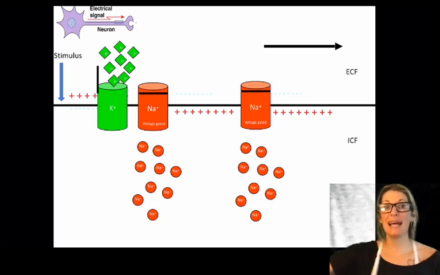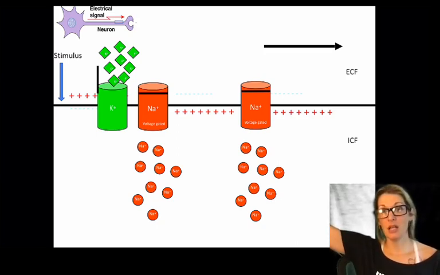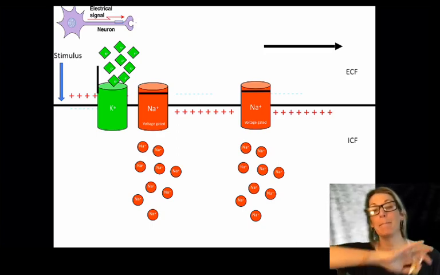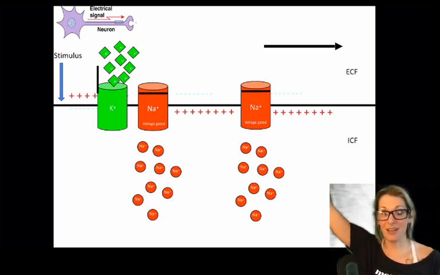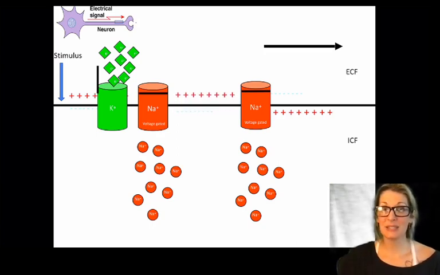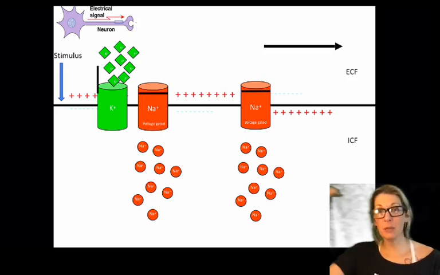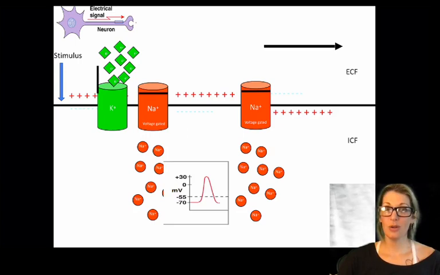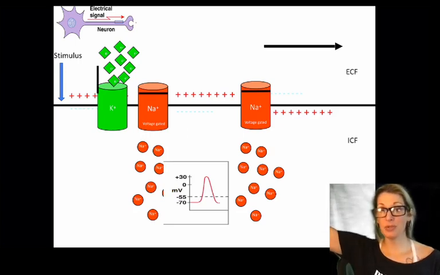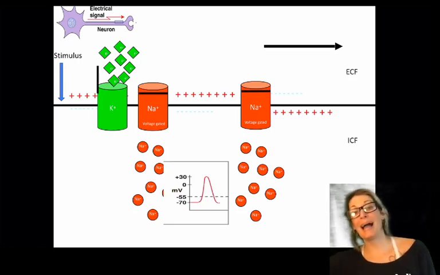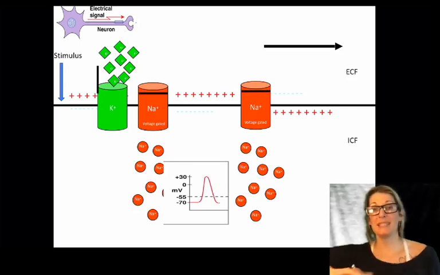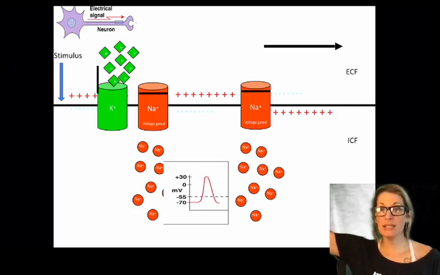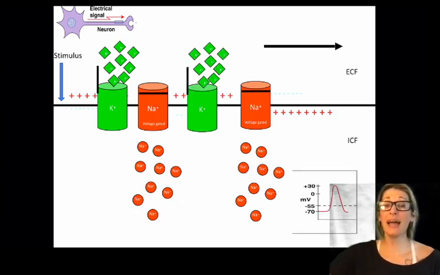So now what we're doing is we're pumping positive ions out of the cell. And what that does is it once again flips our membrane potential. So now our plot, we went up positive and now we come back down negative. So potassium now reestablishes that negative resting membrane potential.